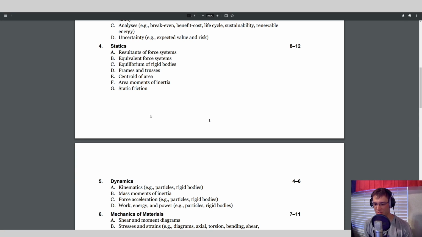It's going to be a lot of summation of forces equations, and if something's this long and has this much force applied to it, and the fulcrum is here, how much is it going to deflect or bend, or what's the resulting force, something like that.